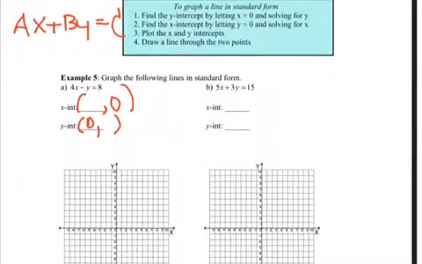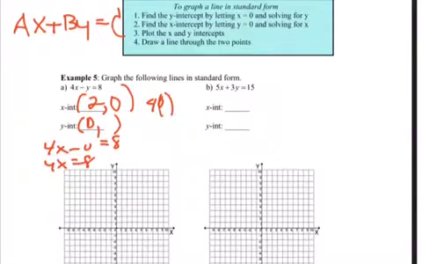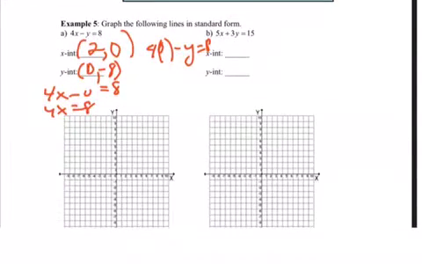So if I plug in 0 for y in this one, I get 4x minus 0 equals 8. In order to make this true, x has to be equal to 2. If I do the same thing but for x, I get 4 times 0 minus y is equal to 8. To make that a true statement, I need y to be negative 8. So I'm going to plot those 2 points. So I've got 2, 0, and 0, negative 8.